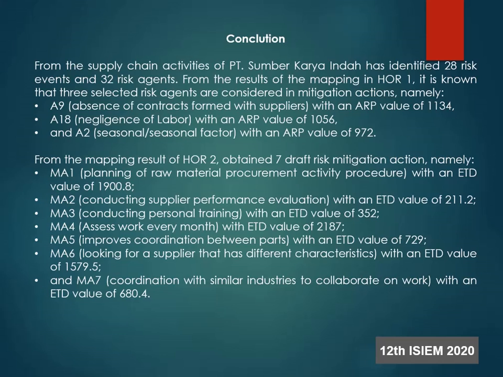From the mapping result of HOR2, 7 draft risk mitigation actions were obtained, namely MA1, mitigation action 1, planning of raw material procurement activity procedure, MA2, MA3, MA4, MA5, MA6, and MA7, which is coordination with similar industries to collaborate on work.